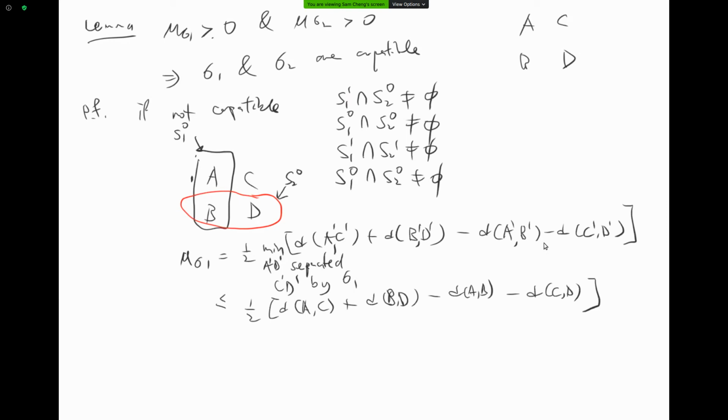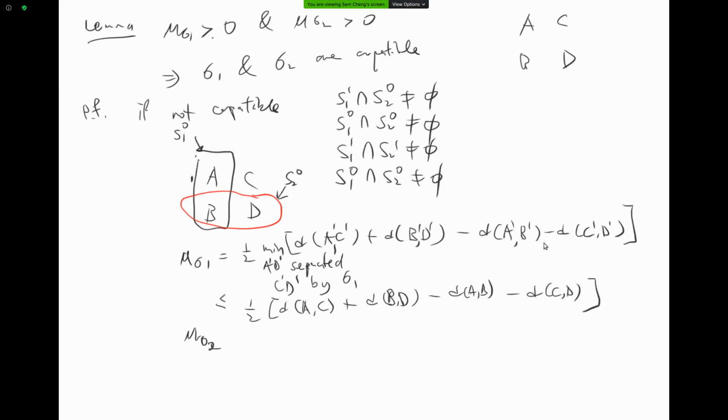And similarly, I have mu sigma 1, mu sigma 2 is the same thing, right? I can pick elements like B, D. Basically, I will pick elements that are separated by sigma 2, and I also have 4 terms here.